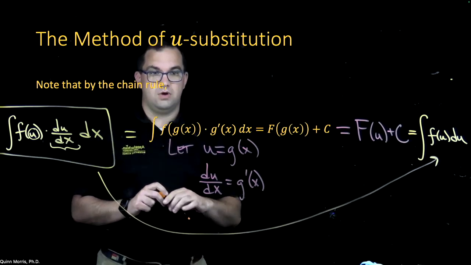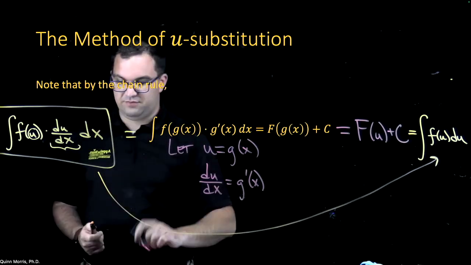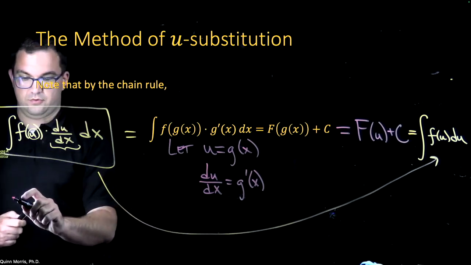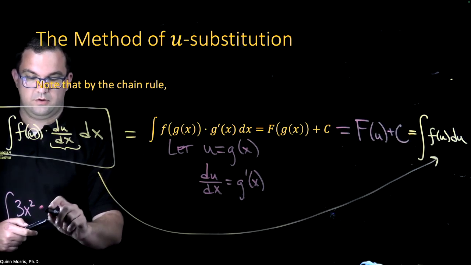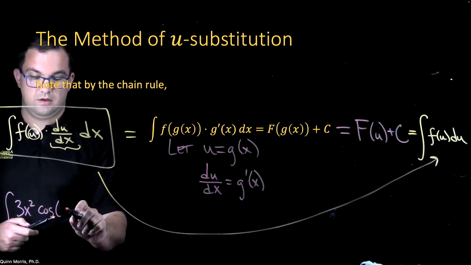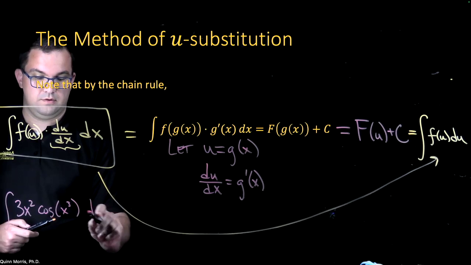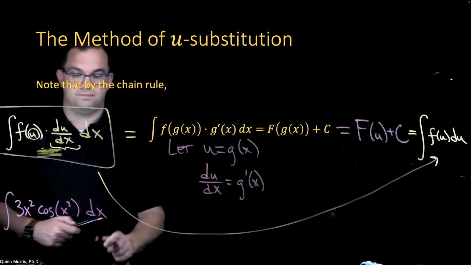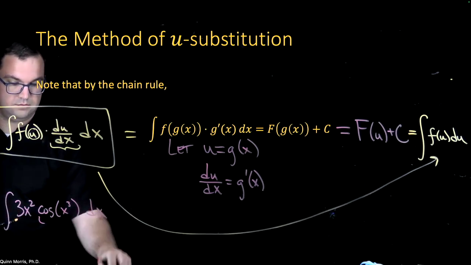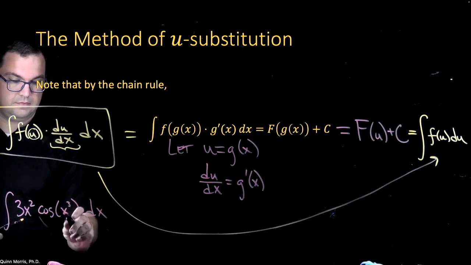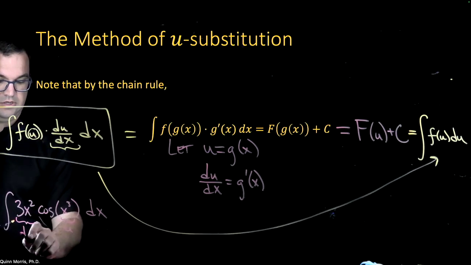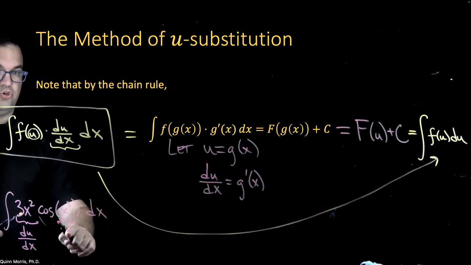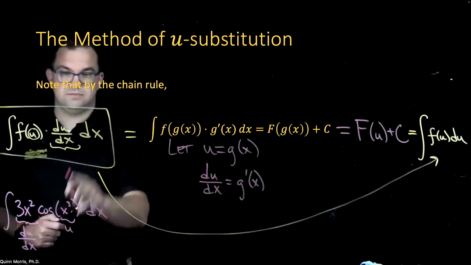So, for example, going back to the previous case, we had the integral of 3x squared cosine of x cubed dx. Here is my u, and here is du dx. So what I have is f of u times du dx.